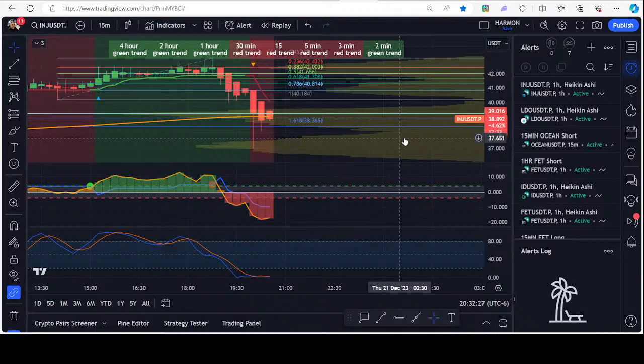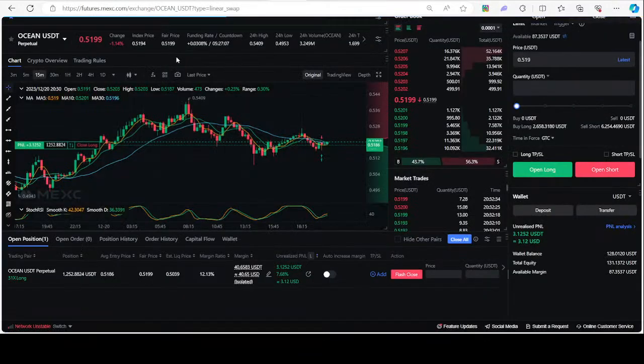But I would say the easiest place to keep your crypto is not on an exchange. So a wallet, a Trust Wallet, a MetaMask. Personally, I like Trust Wallet. That way, no matter where you're at in the world, if you have access to internet, then you have access to your money.